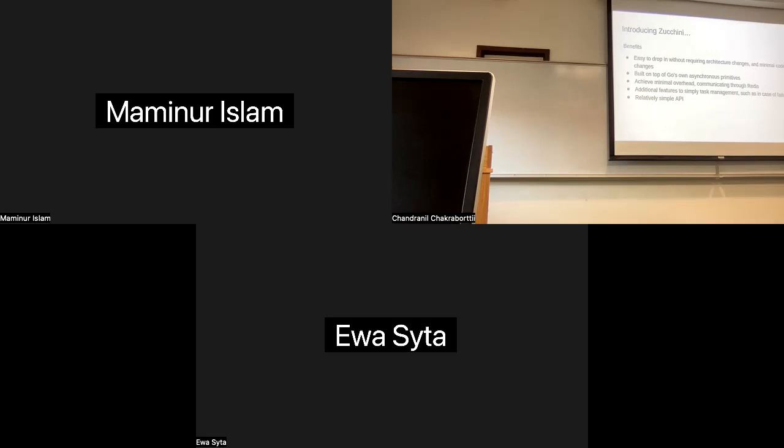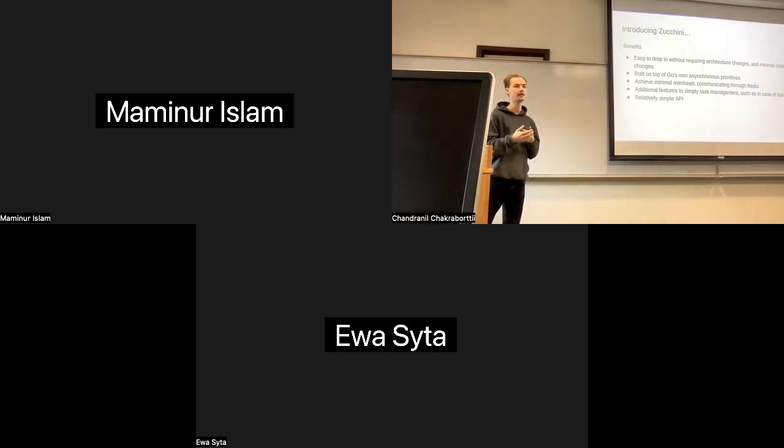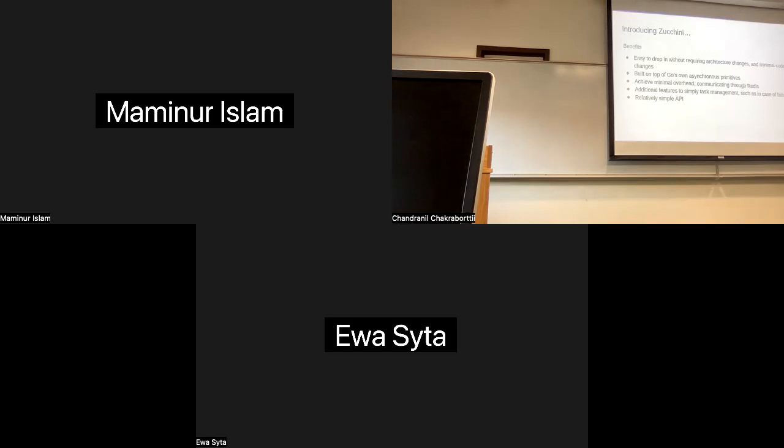And it has additional features to simplify task management, such as if you have a task that you know might fail, I want to have some sort of strategy for how to rerun this if it fails, like exponential backoff on how long I'm waiting before I retry this task. It will make it very simple to configure that. And on top of that, it has a relatively simple API to work with.